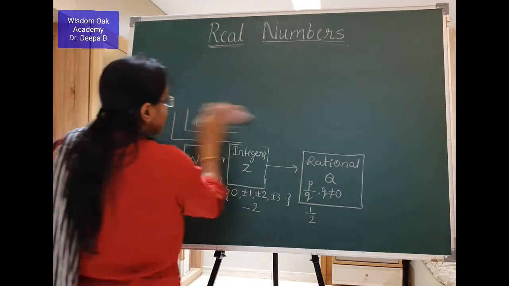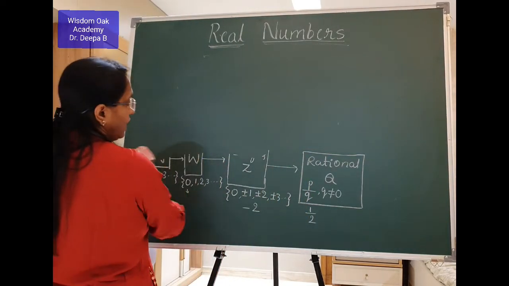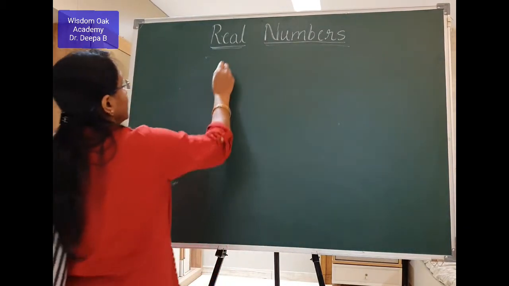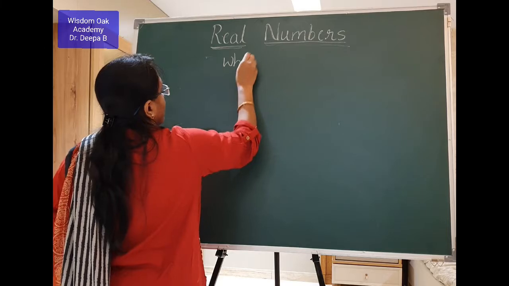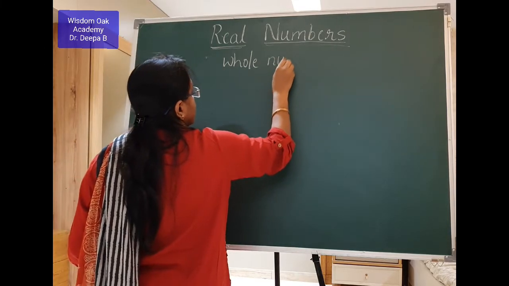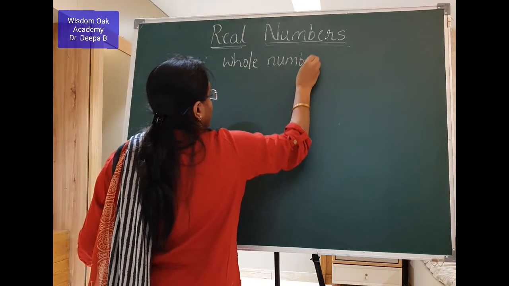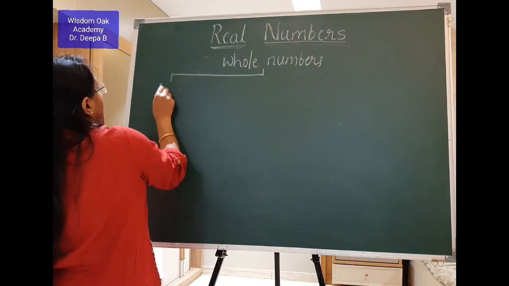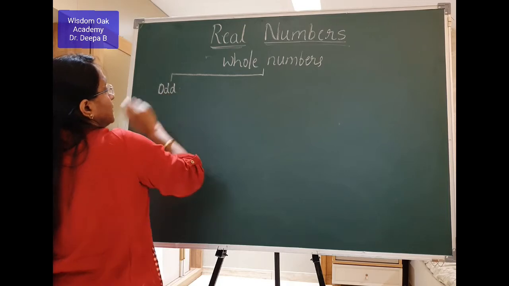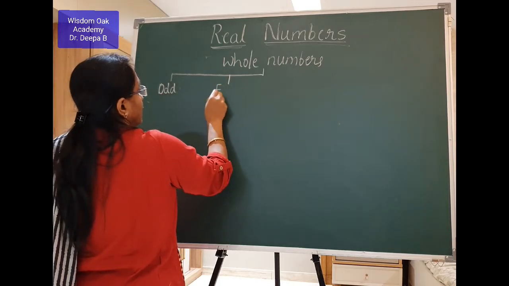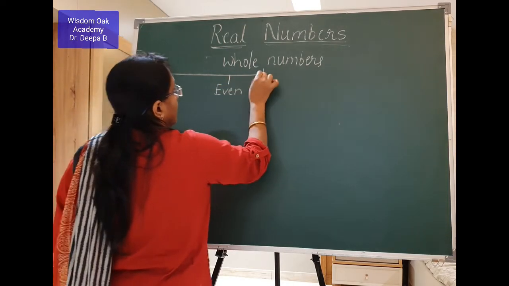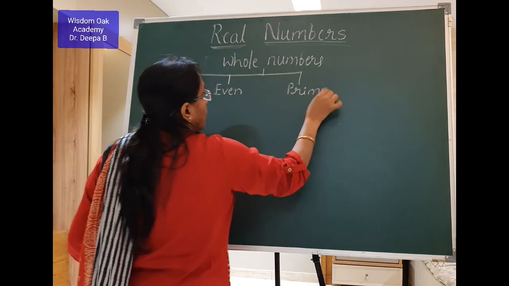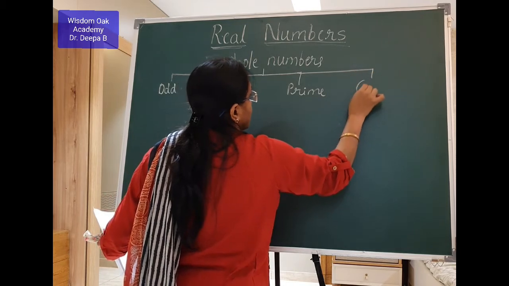We'll discuss about the whole number set. So as you know, whole numbers. So here in whole numbers, we have first one odd numbers, second even numbers, third one prime numbers, fourth one composite numbers.